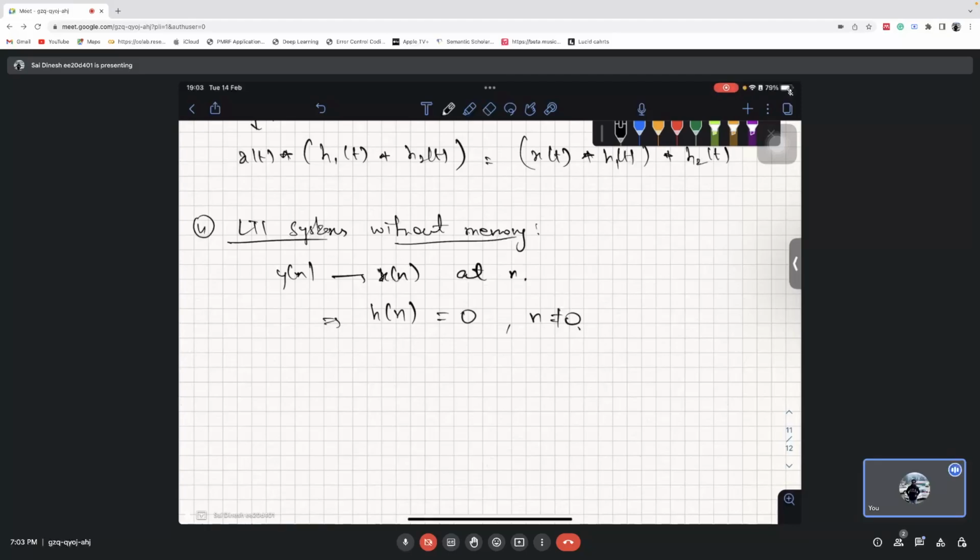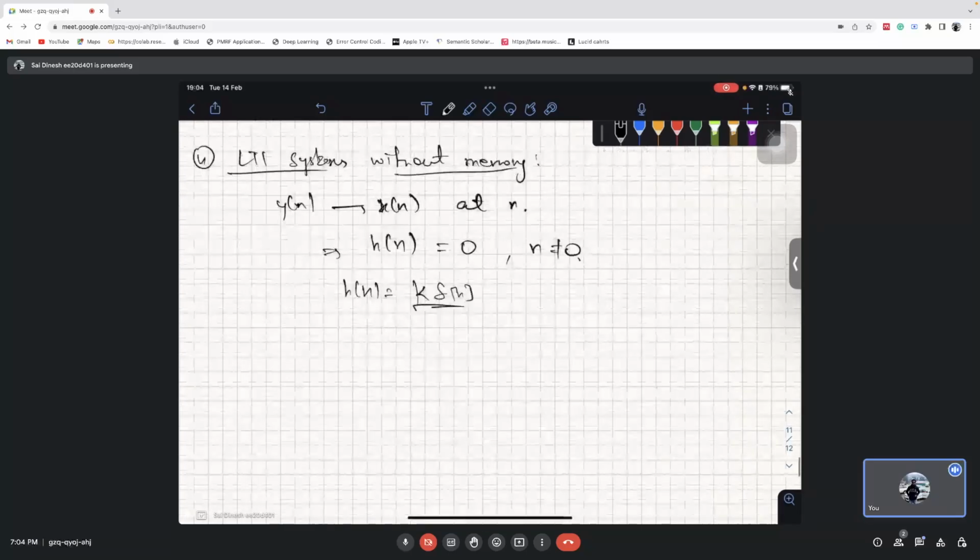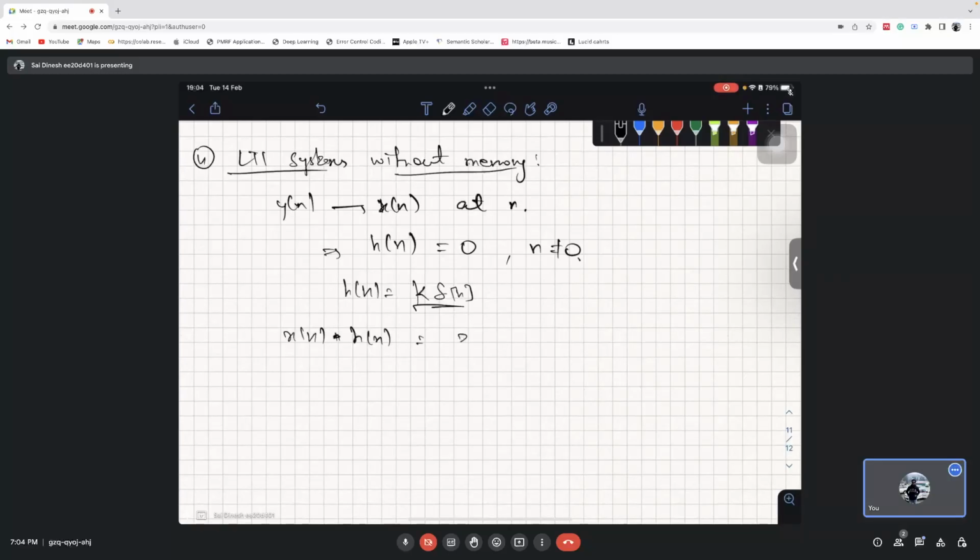This is how the impulse response of an LTI system is characterized if it is memoryless. So h of n is some constant times delta of n. If this is true, then x of n convolved with h of n is x of n convolved with k times delta of n, which is equal to k times x of n.